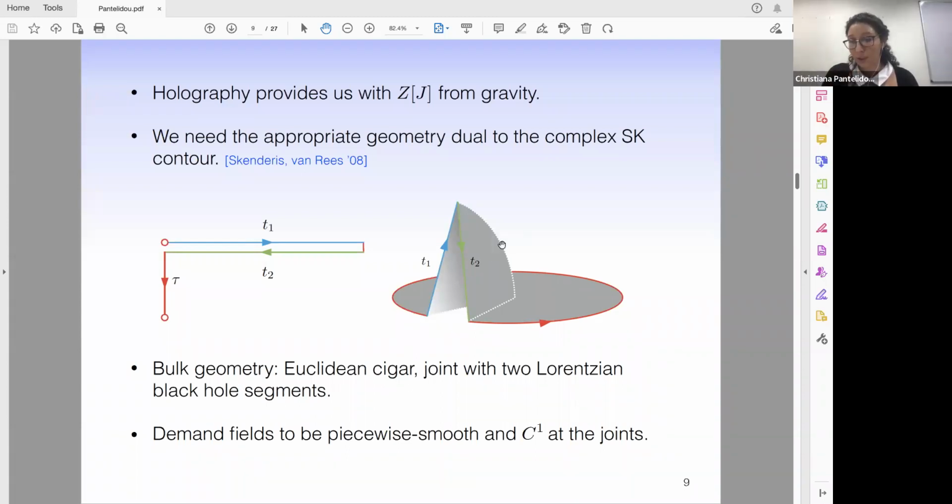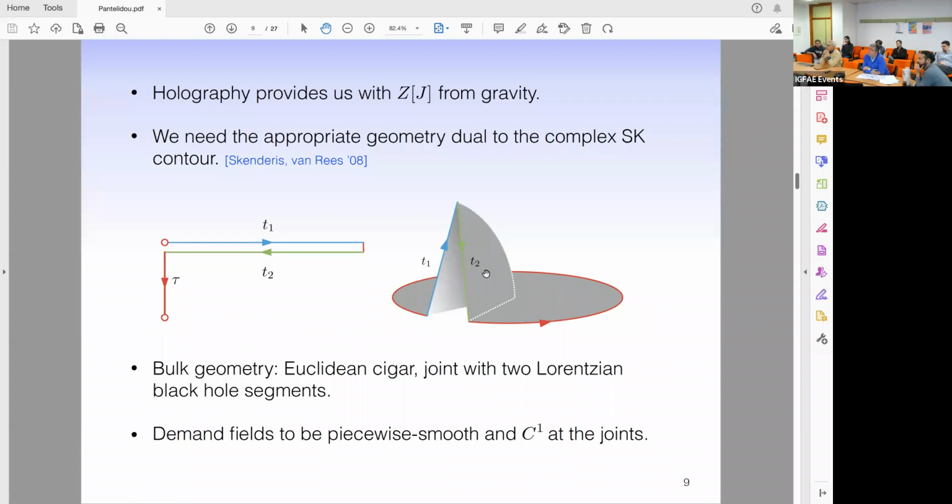No, it's not. Yes, that's the prescription. When you join these 2 segments, you join them at a constant radius slice on the Penrose diagram, and that can be as close as you want it to the horizon.